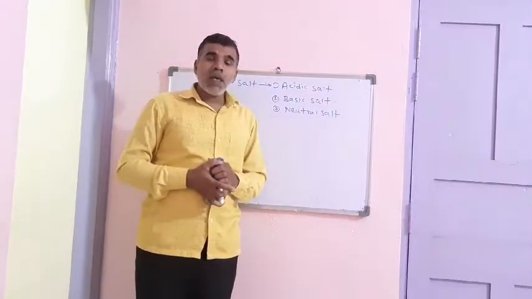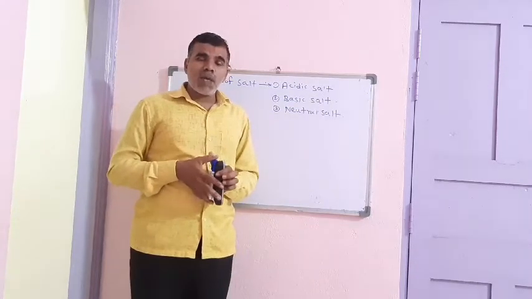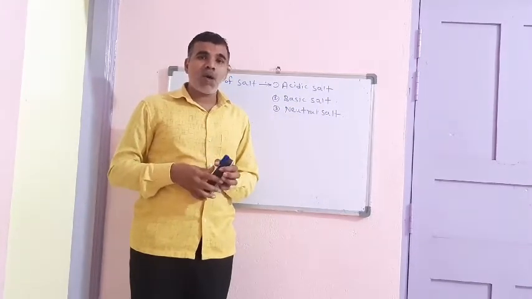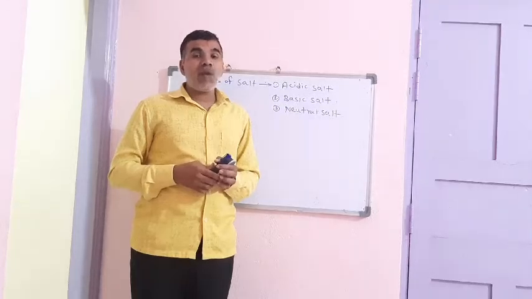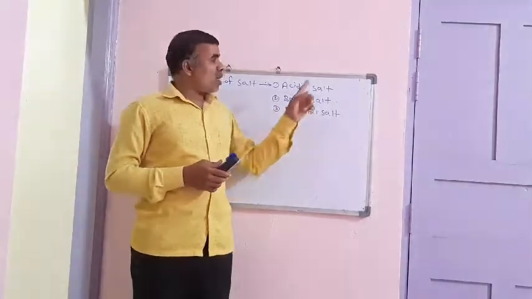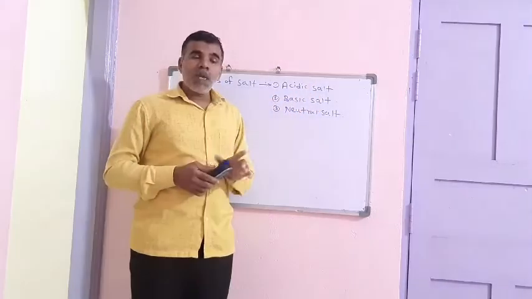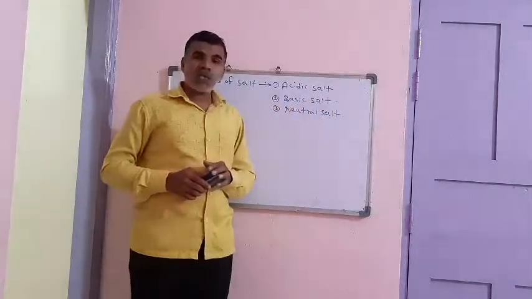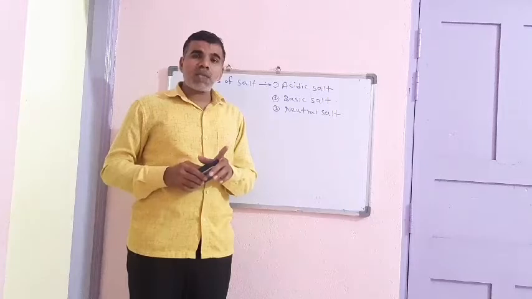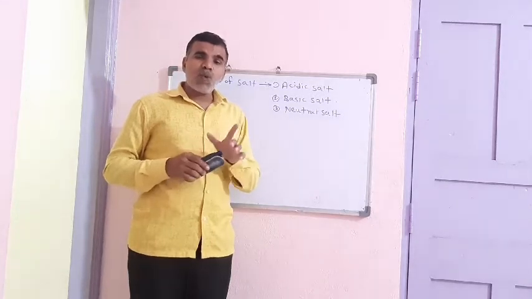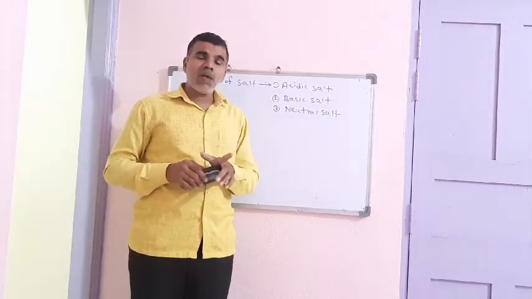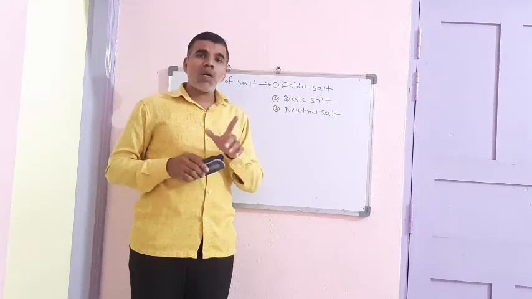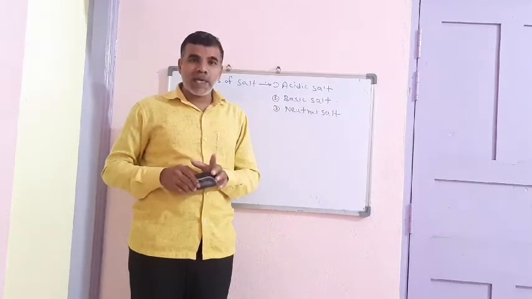Acidic salt. An acidic salt is formed by neutralization reaction of strong acid and weak base. Strong acid and weak base पासून हा acidic salt आपल्याला मिळतो. Number 2, basic salt. Basic salt is formed by neutralization reaction between strong base and weak acid.